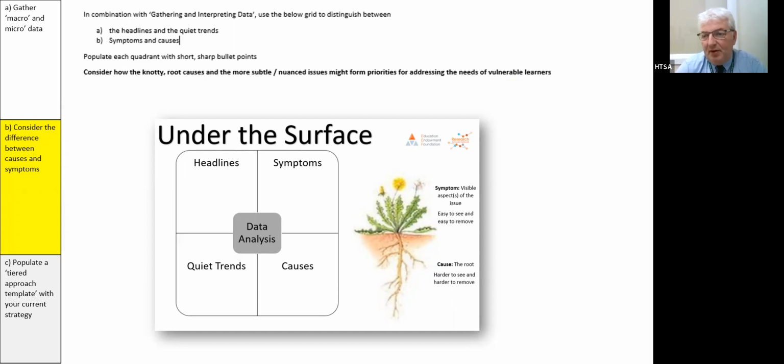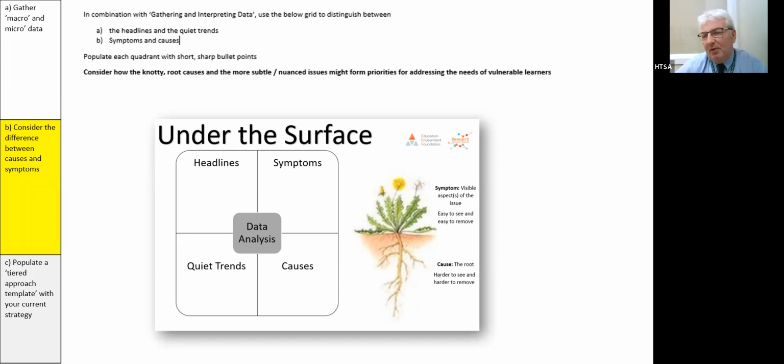But as we all know, if you pull dandelions up and leave even the tiniest amount of root behind, the dandelion persists, and it can grow a new plant from even the smallest bit of remaining root. So when we're treating dandelions, we need to get to the cause, and the roots are harder to remove, and it can be more difficult to get rid of dandelions than we had first imagined.